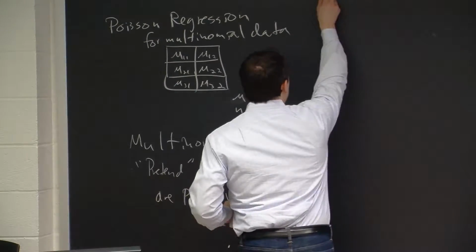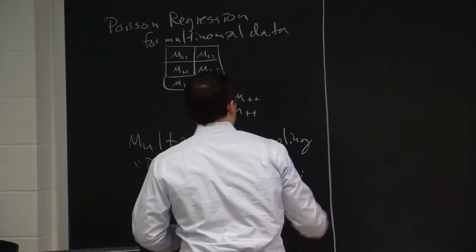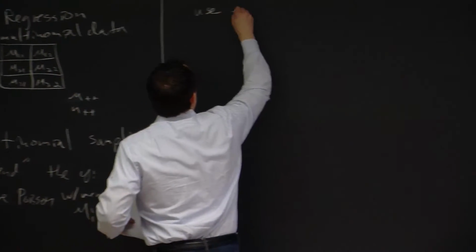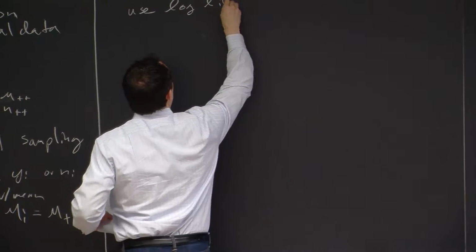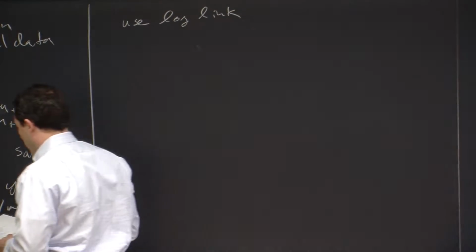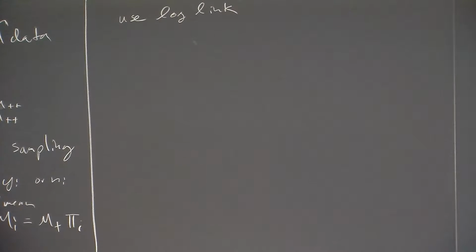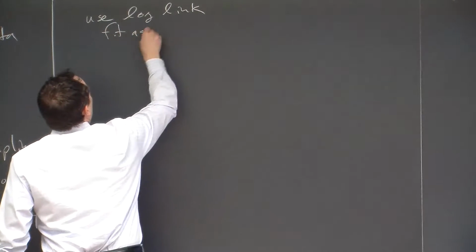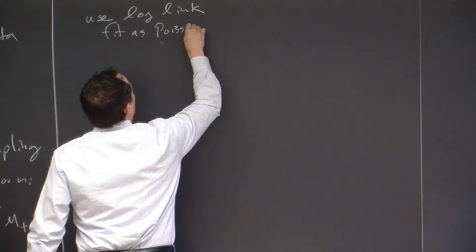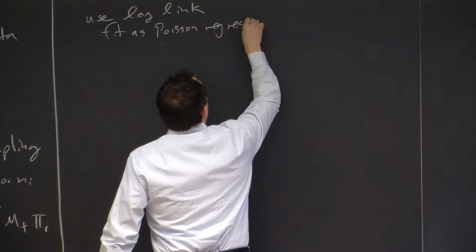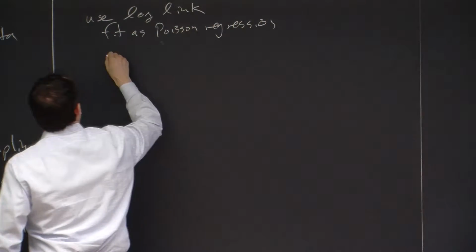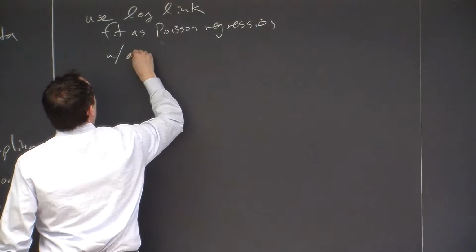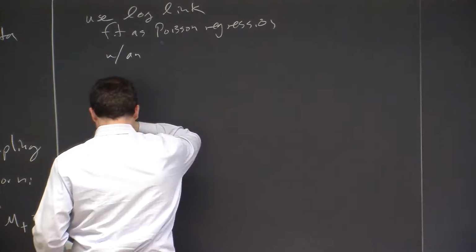So then we can continue, and we're going to want to use the log link, and we can fit this thing as a Poisson regression, with the caveat that we need an intercept.